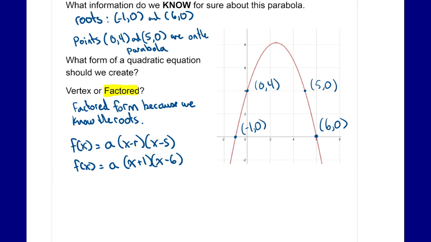And how we do that is we substitute any point. Oops, I kind of made a mistake on this one. It shouldn't be (5, 0), it should be (5, 4). Small mistake on one of the points.